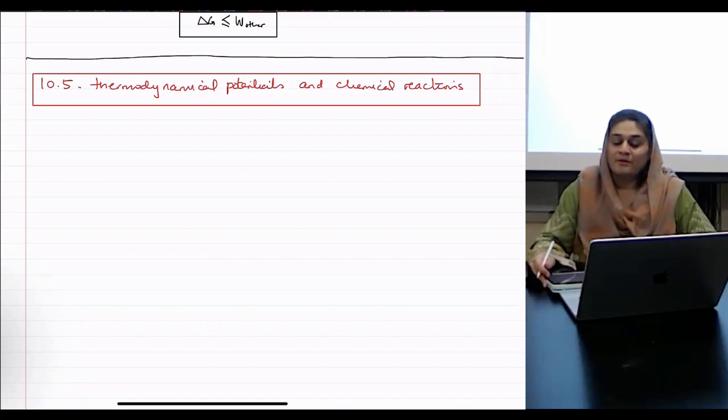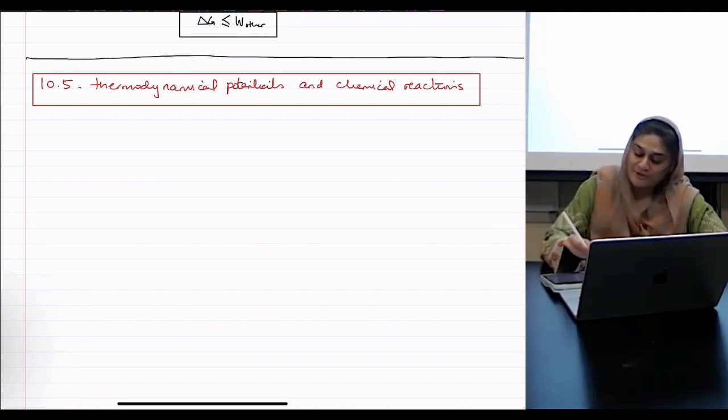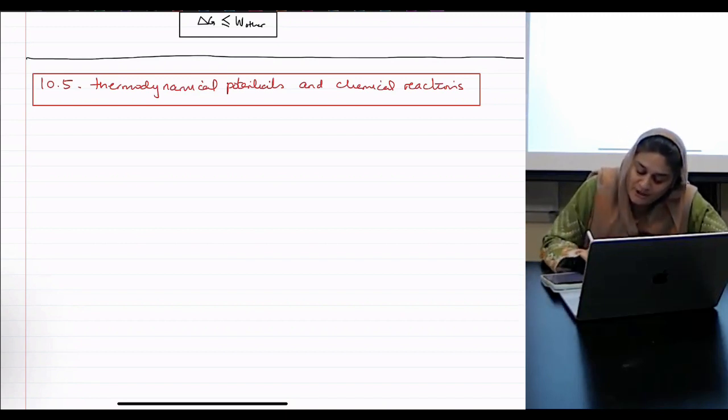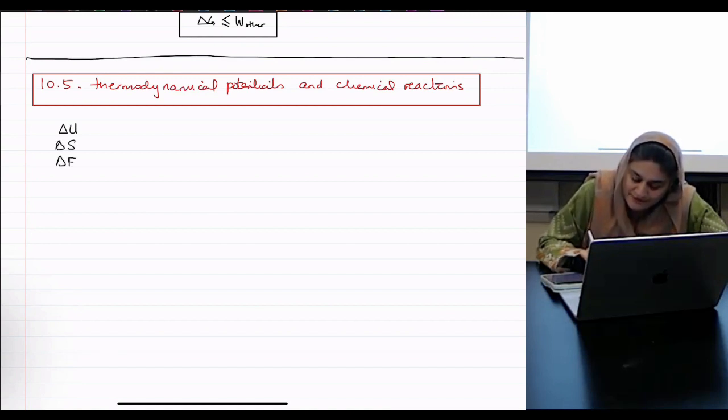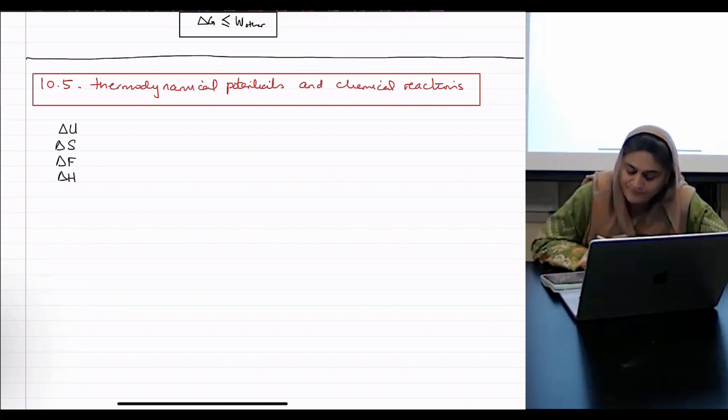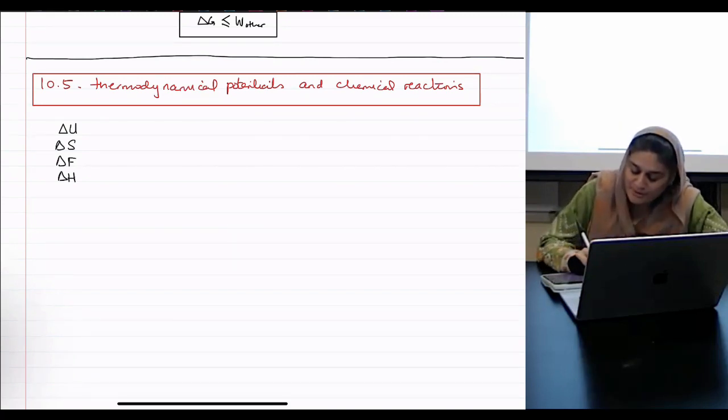Okay. Now, all of the thermodynamical potentials that we have talked about, delta U, delta S, delta F, delta H, etc., are all extensive properties.